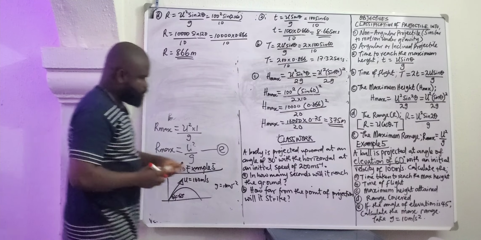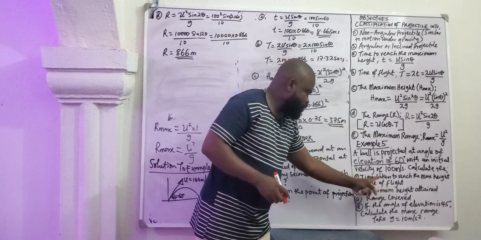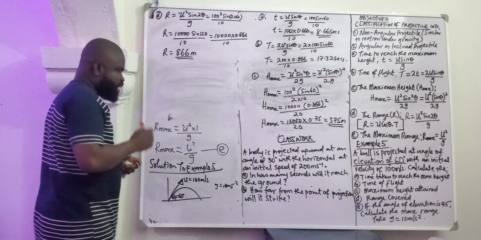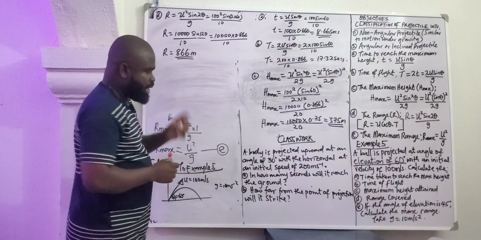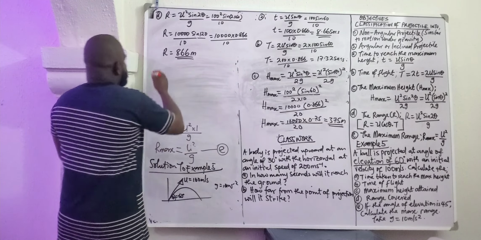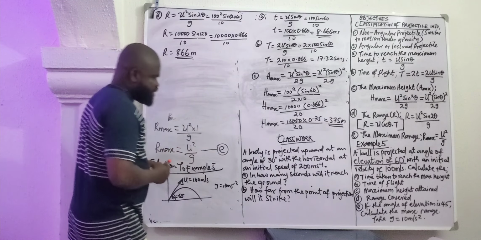Good and fine. Then we are now told that if the angle of elevation is now 45, not 60, calculate the what? Maximum range. Maximum range can only be obtained at an angle of projection of 45 degrees. So if it's not 45 degrees, it is not maximum range.